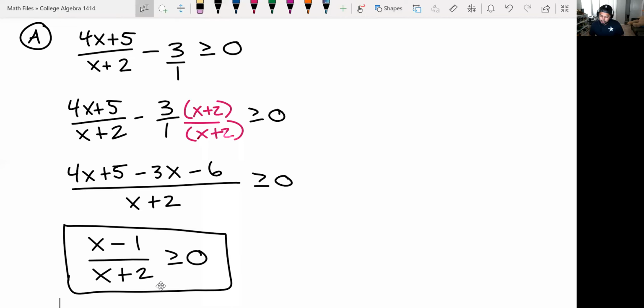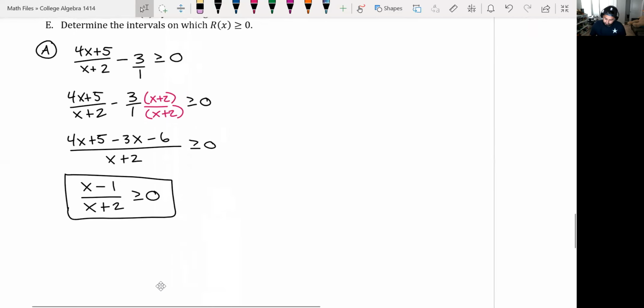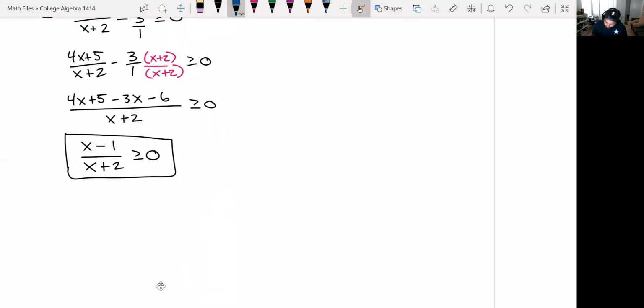Okay, now B, find the domain. So fair enough. B, the domain of this function comes from the denominator. So you take x plus 2, set it equal to 0, and we're going to get x equals negative 2. But we know that can't happen, so we get x cannot equal negative 2.